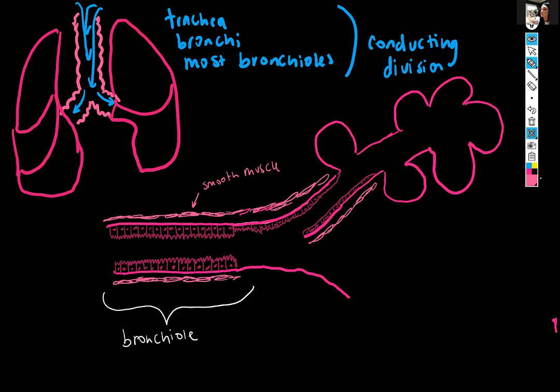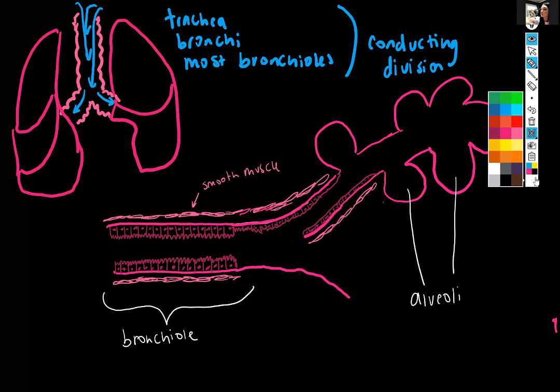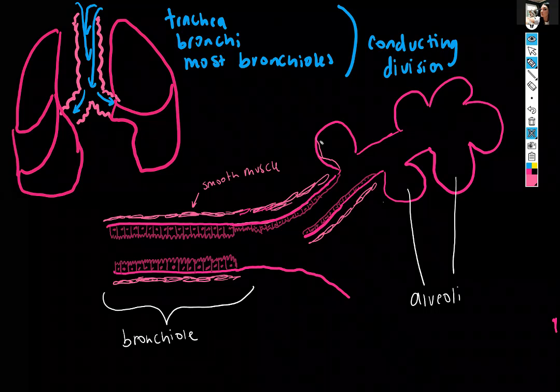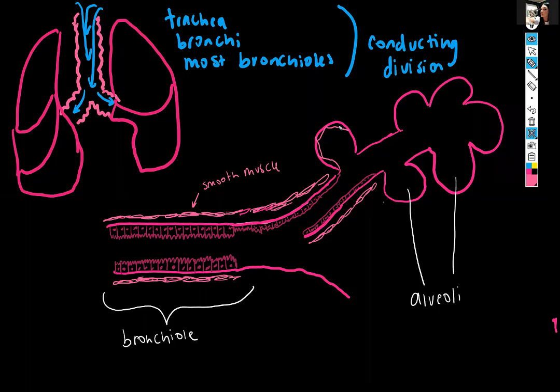And now we start to see alveoli popping up. Actually, I want to use that for drawing. So just all of those, I'm only indicating 2, but they're all alveoli. So alveoli are just very thin little balls.